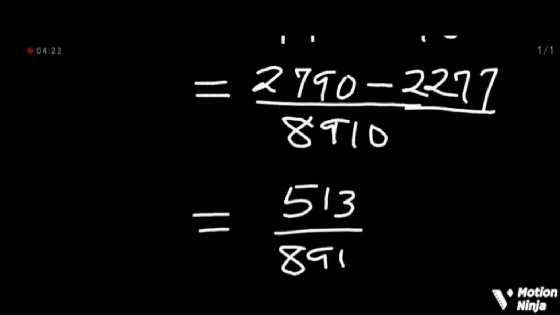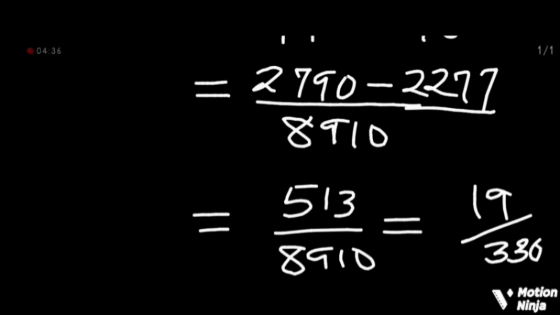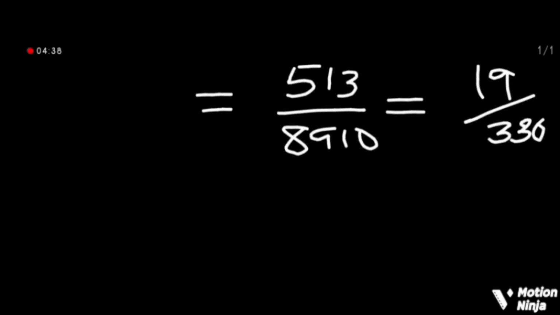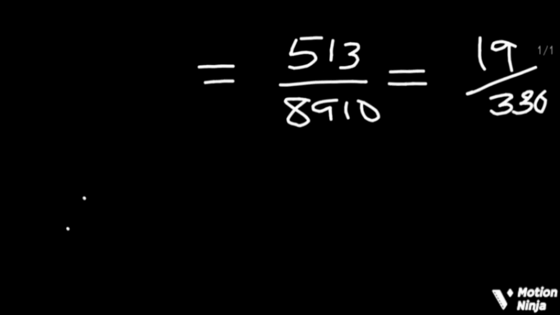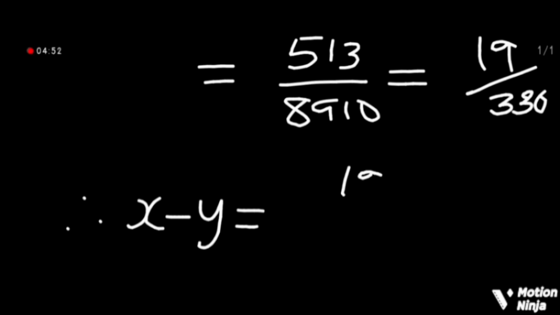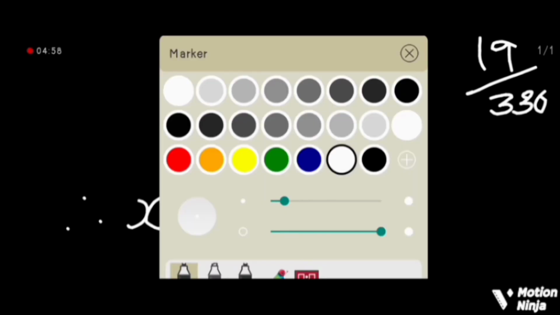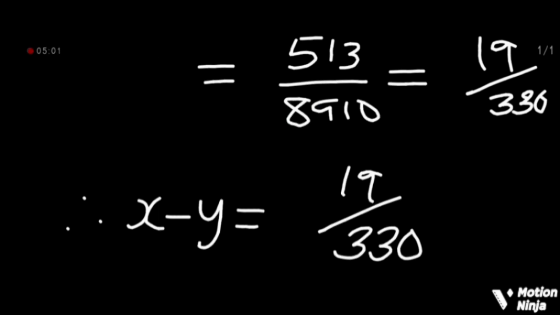If we simplify, we are going to get 19 over 330. Therefore, the second part, x minus y will be equal to 19 over 330. That is the final answer.